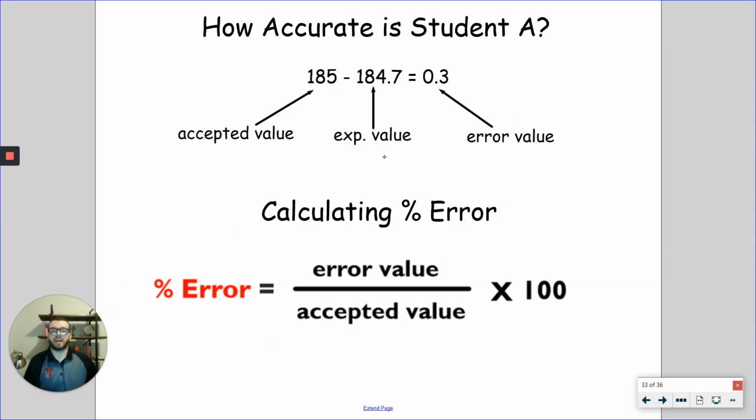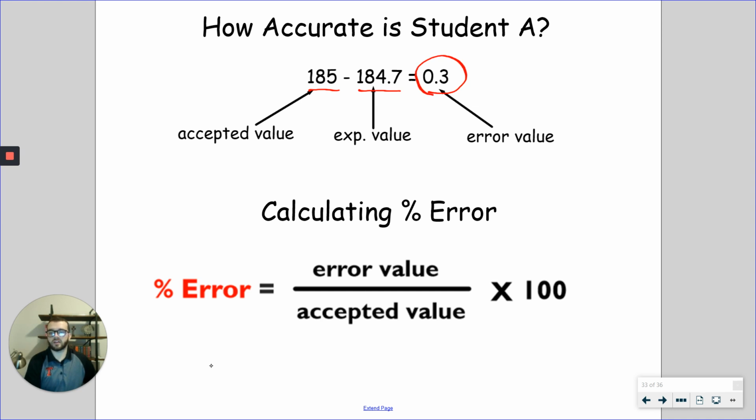Okay, how accurate is student A? Let's do percent error. The accepted value is 185. That's the actual melting point of sucrose. And here's what they got, 184.7. So the difference in those numbers is 0.3.